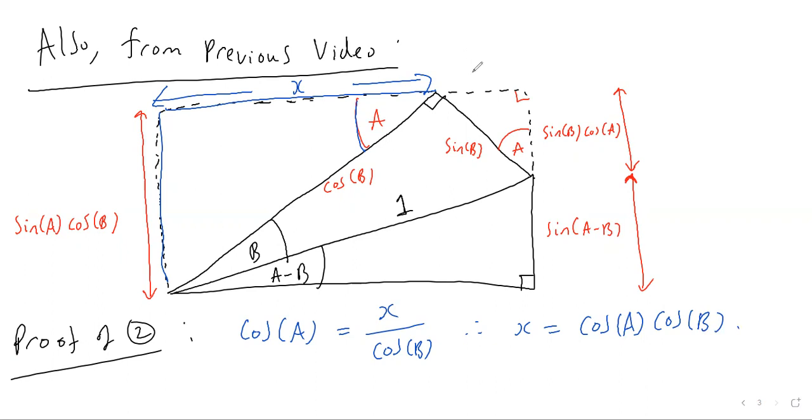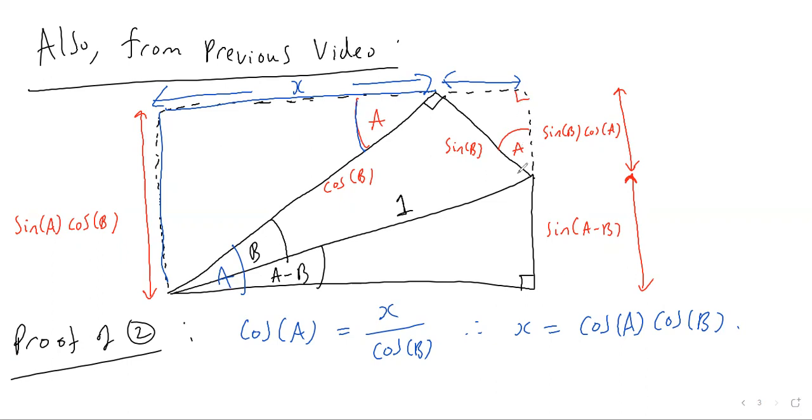Now let's work out this length there. Remember from yesterday's video, if we've got A−B there and B here, then the total angle there is A, and this angle is also A, since this is 90 minus A and angles in a triangle add up to 180.